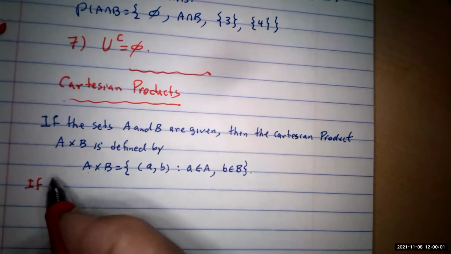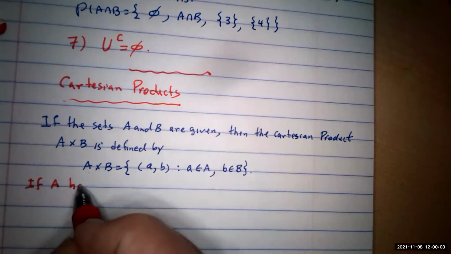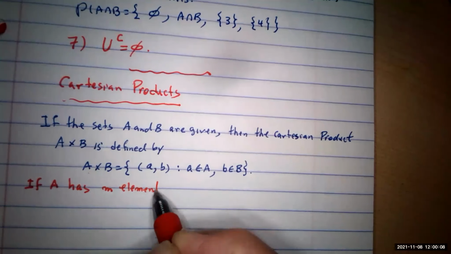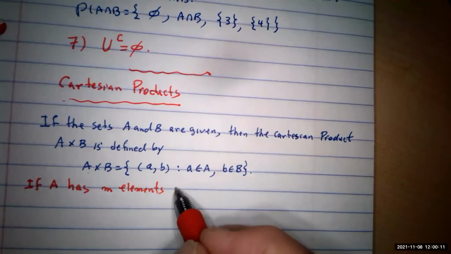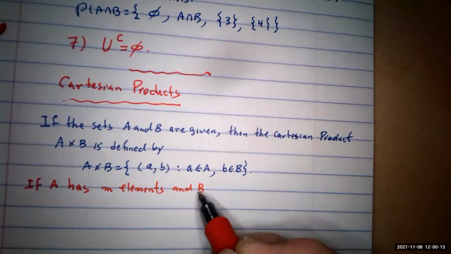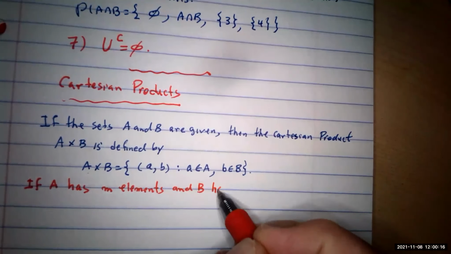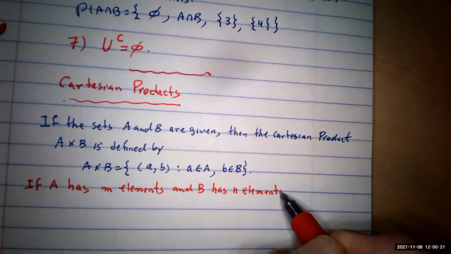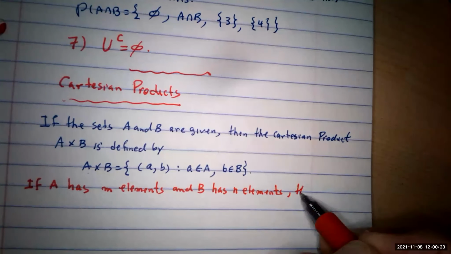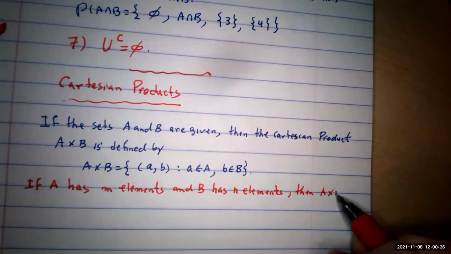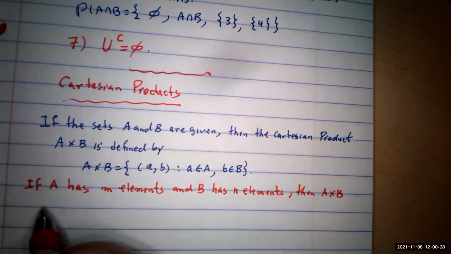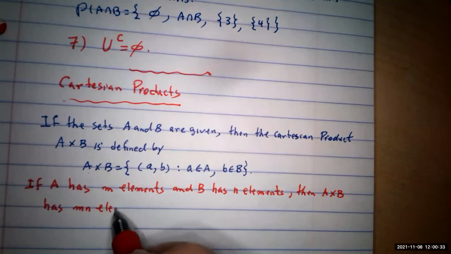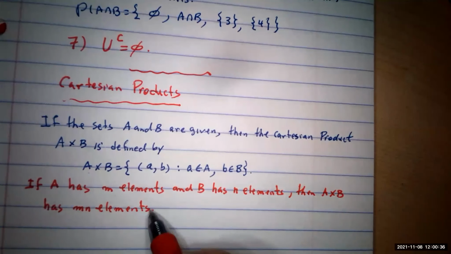So if A has, let's say, m elements, and B has n elements, then A cross B has m times n elements. That's why we call it the product rule. Okay, that's one.